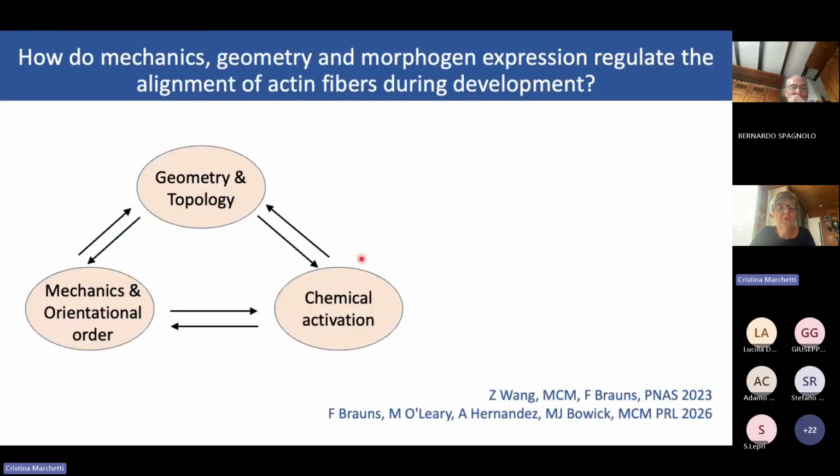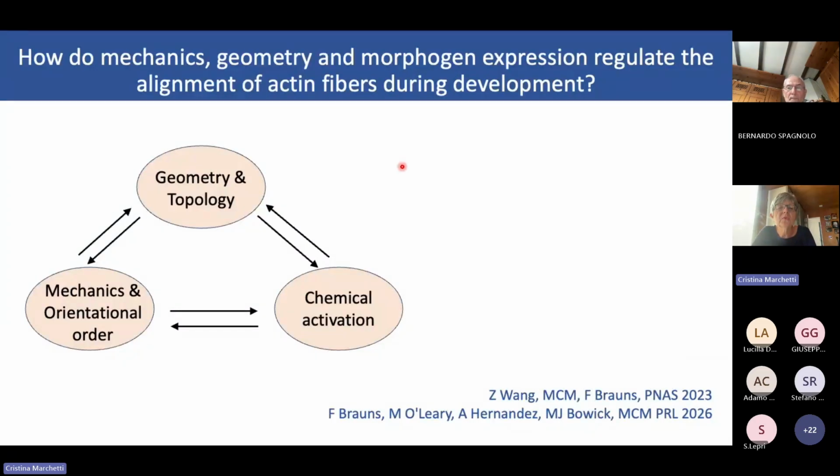And in order to try to model this kind of active solid, we really have to worry about the interplay of mechanics, geometry, the expression of this morphogen, and how they feed back onto each other to regulate the alignment of these actin fibers during development.